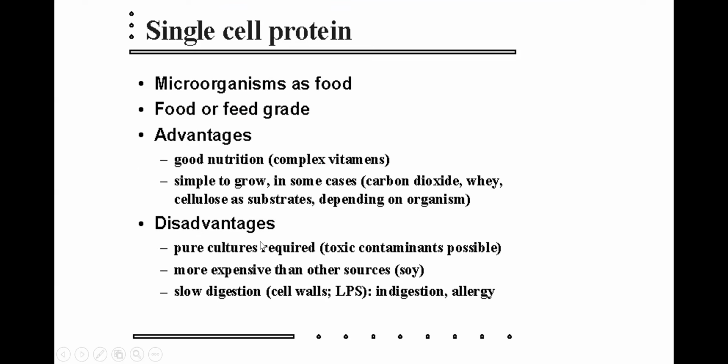However, the disadvantage is that some of these cell cultures will contain some toxic contaminants from the host cell. For example, bacterium also has the cell walls and also the lipid level that will cause indigestion or allergic reaction for human or animal consumption.